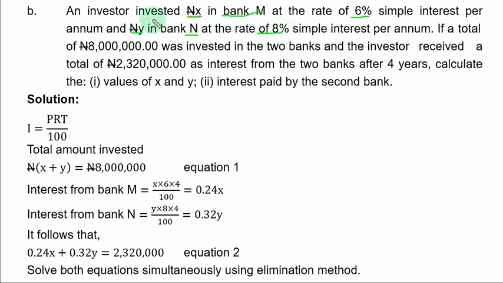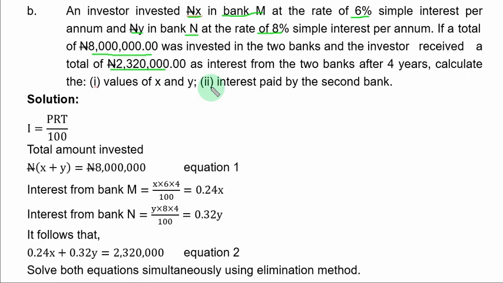If a total of 8 million naira was invested in the two banks and the investor received a total of 2,320,000 naira as interest from the two banks after 4 years, calculate, figure 1, the values of S and Y, figure 2, the interest paid by the second bank, that is Bank N.